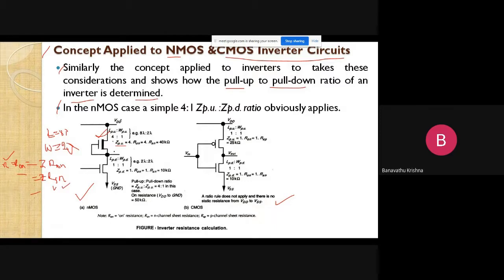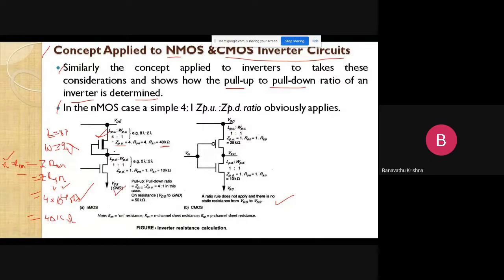You know that the Z value is 4 here. The RS value from the table is 10 to the power of 4 ohms. Finally, you can simplify this value as 40 kilo ohms. So this is the 40 kilo ohm value here.